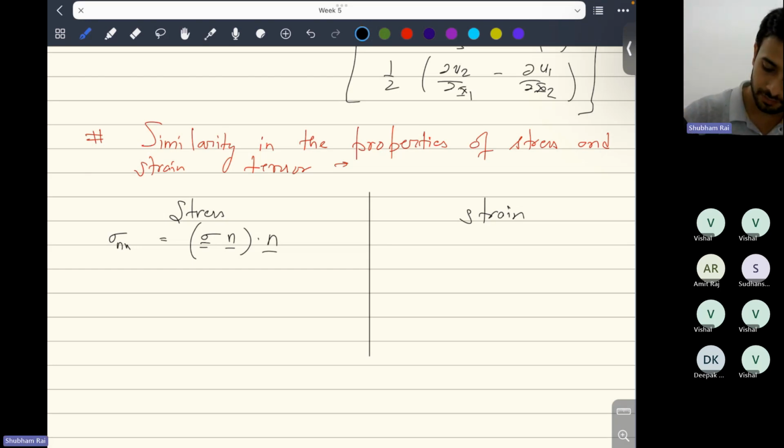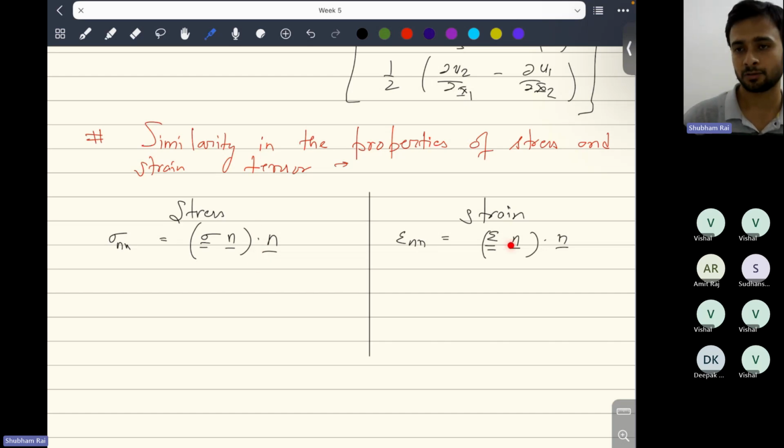And here you have normal strain, longitudinal strain, given by the infinitesimal strain tensor and length. Here n was the plane normal, but here this n is along the line segment. So n is the direction along which you want to find the longitudinal strain.